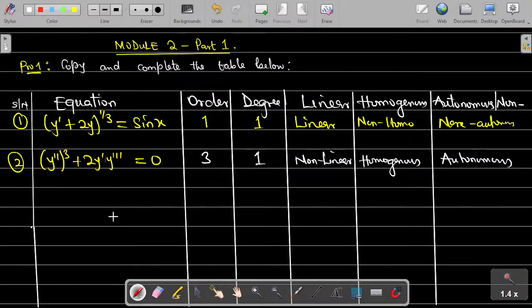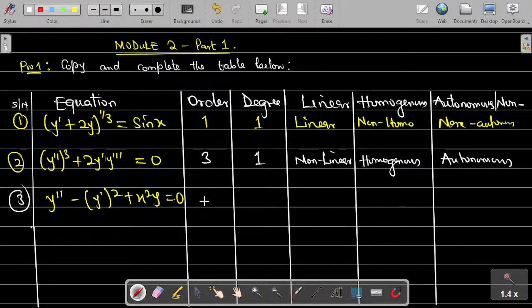All right, so in this case, this and this were filled, we are to fill the other 3. Okay, so number 3, the equation we are given is y prime prime minus y prime raised to the power of 2 then plus x squared y all equal to 0. Okay, so let's go.